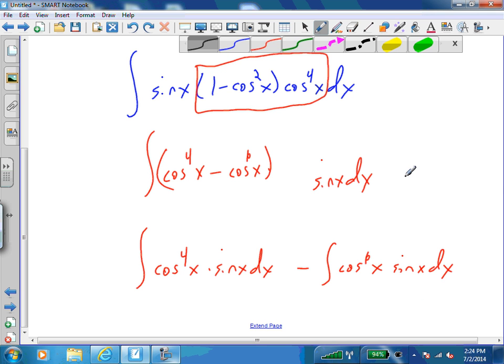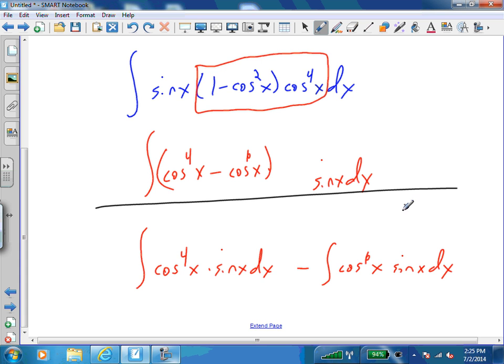Both of which u can be cosine and du negative sine x dx. So if we need a negative with our sine, put a negative out front. Same on the second one, which will make that a positive.